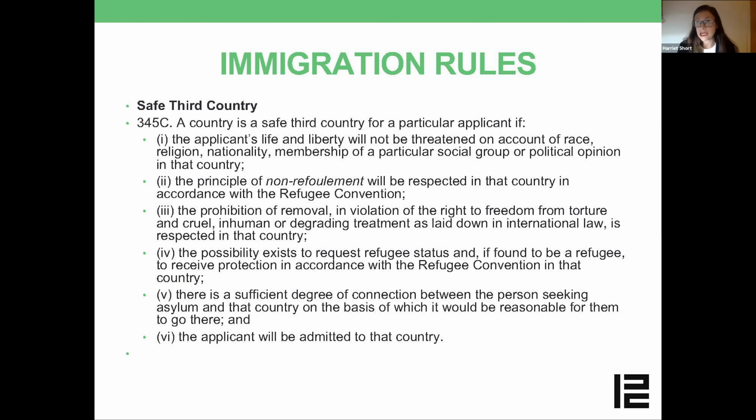345C defines a safe third country as distinct from country of first asylum. That is a country where a person won't face threats to their life or freedom on account of a convention reason. They won't be refouled, they won't be subject to Article 3 ill treatment, they can request refugee status, and also there has to be a degree of connection, and importantly, I'm going to highlight subparagraph 6, the applicant will be admitted.